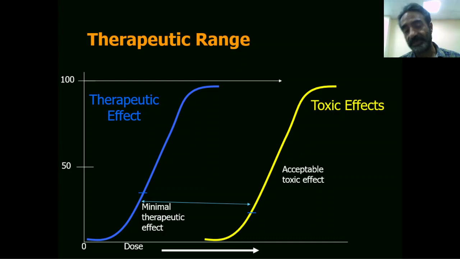Here it is the range, the margin between the dose achieving the minimal therapeutic effect and the dose giving the maximally acceptable toxic effect. From where the minimal effect starts up to the point where the acceptable toxic effect is there, that is the therapeutic range.